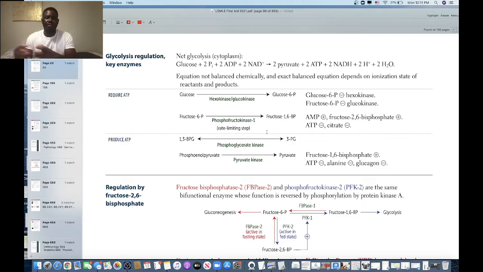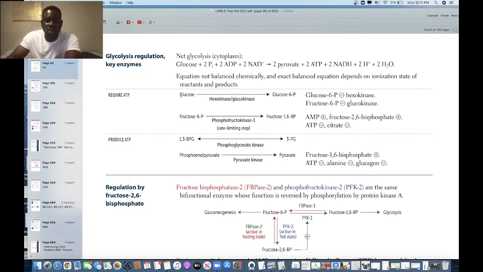That's why they are said to be highly regulated. They can only work in one direction. In some pathways, you see a reversible step, meaning the same enzyme can do gluconeogenesis and also glycolysis. But in these regulated ones, they can only go in one direction, which is downward. So the first one is the glucokinase and hexokinase.